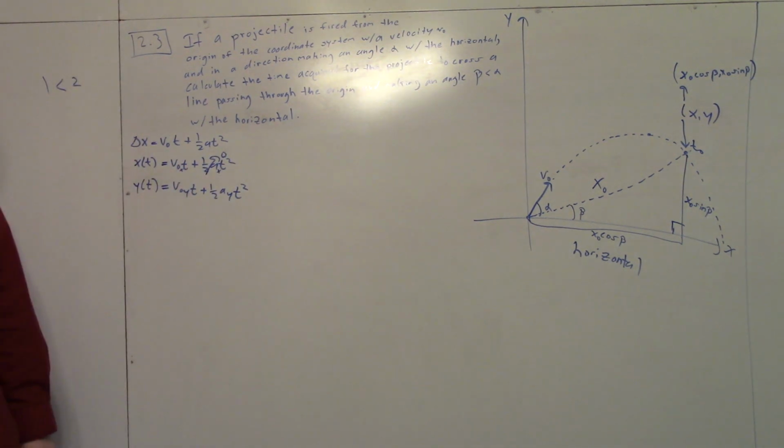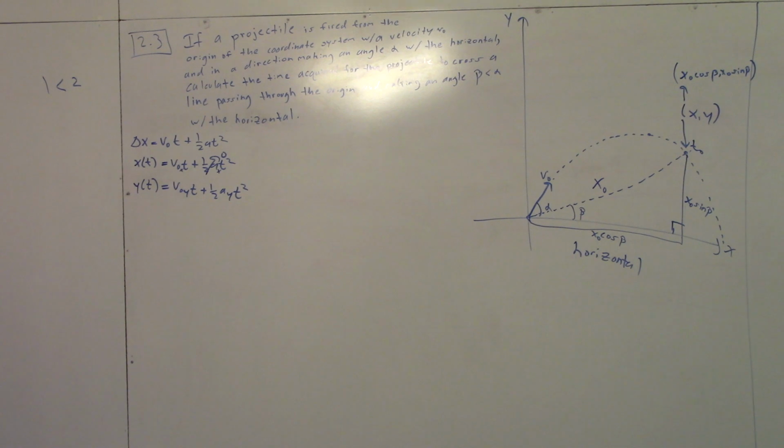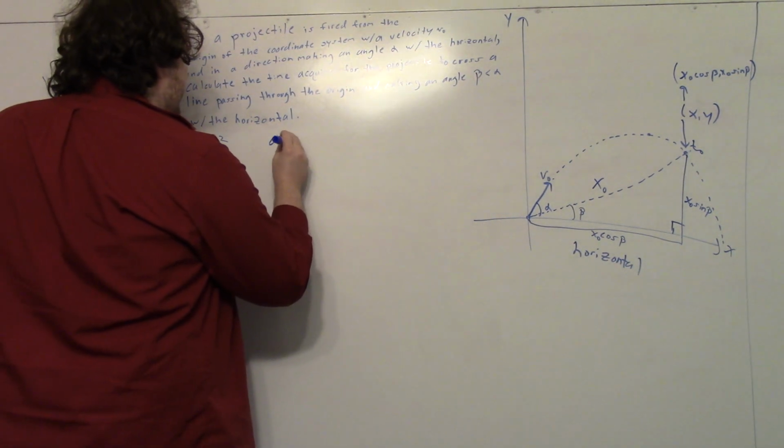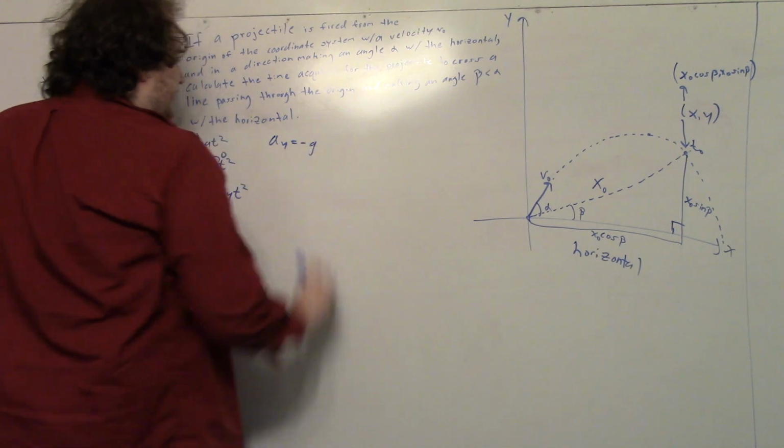Now, there's this thing called gravity. It's really cool. That rate at which it falls is a constant rate every time, no matter what point you take it from. We call that g. So this acceleration in the y direction is negative g.